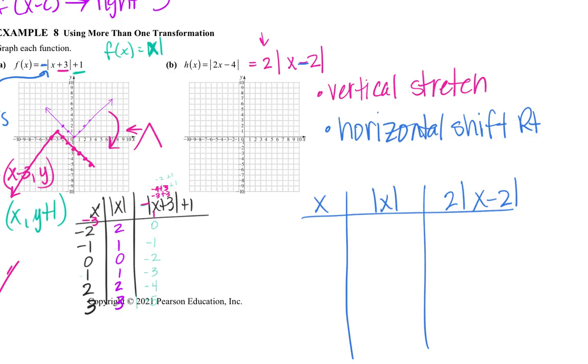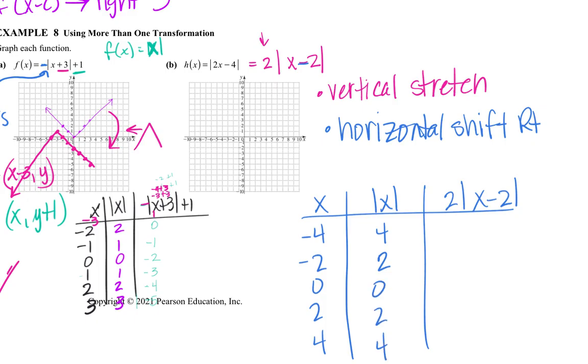If we choose some x values, I'm going to choose just some even numbers: negative 4, negative 2, 0, 2, and 4. And you can choose whatever. I try to keep them small. All right, so the absolute values are all positives.